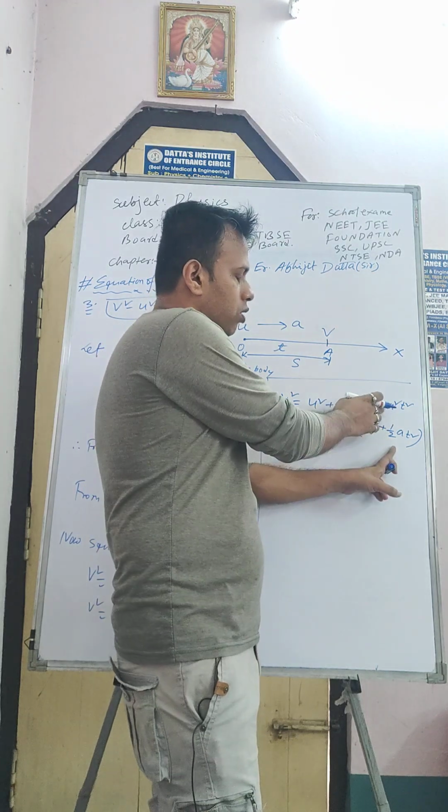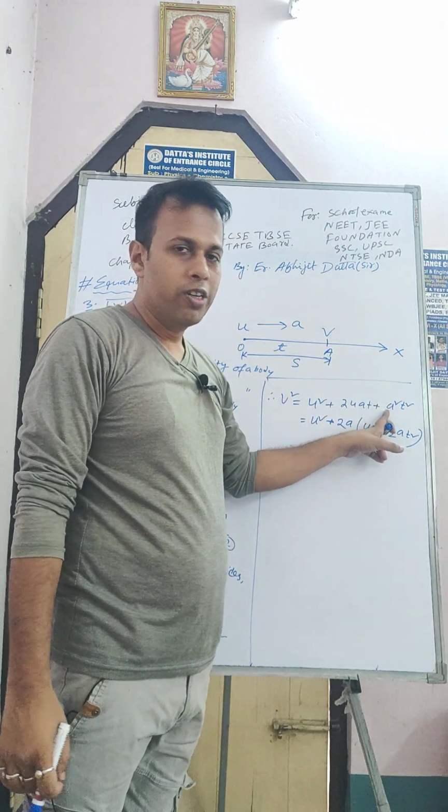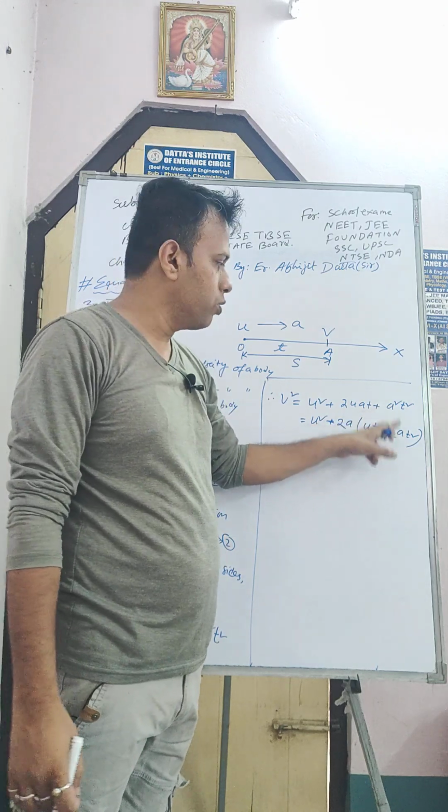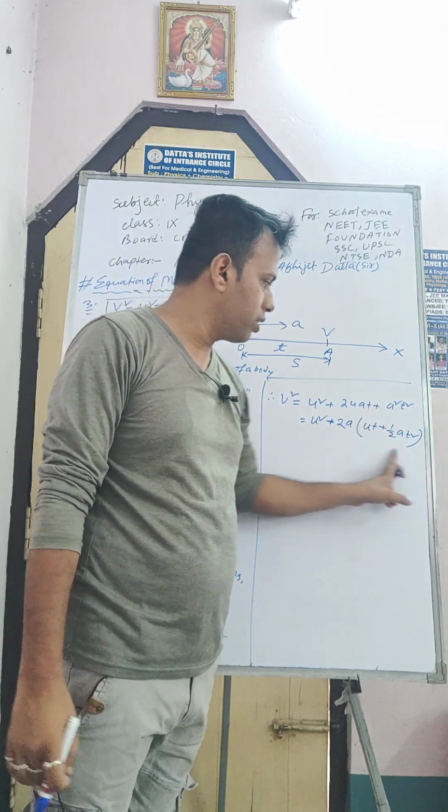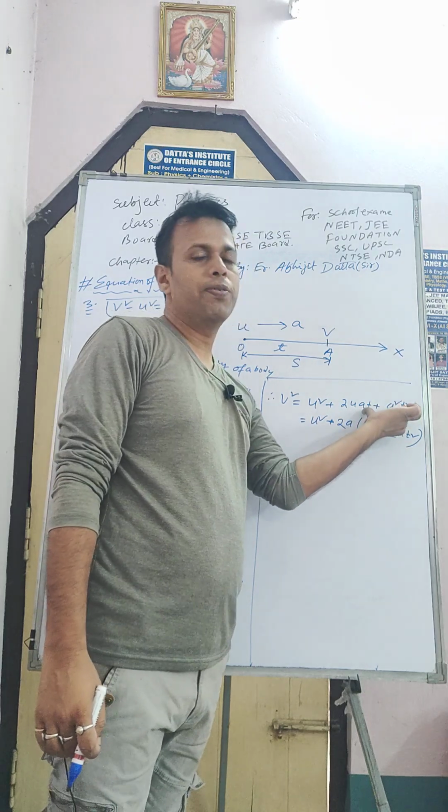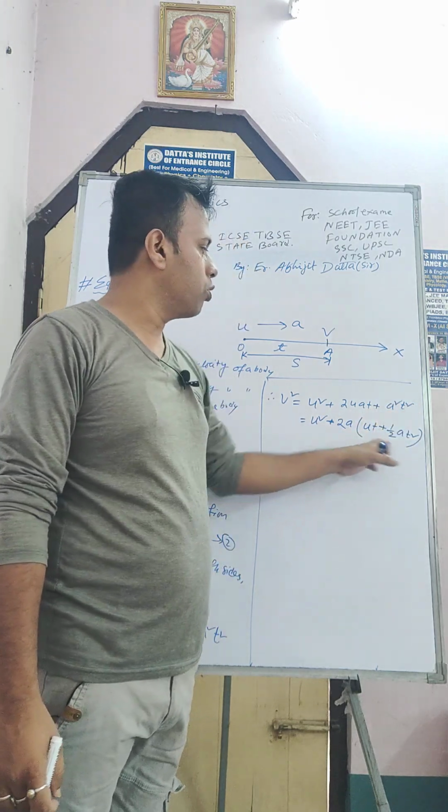After that, here there is no 2, so you divide this part. If you multiply this, this portion will automatically come out, because 2 will be cancelled.